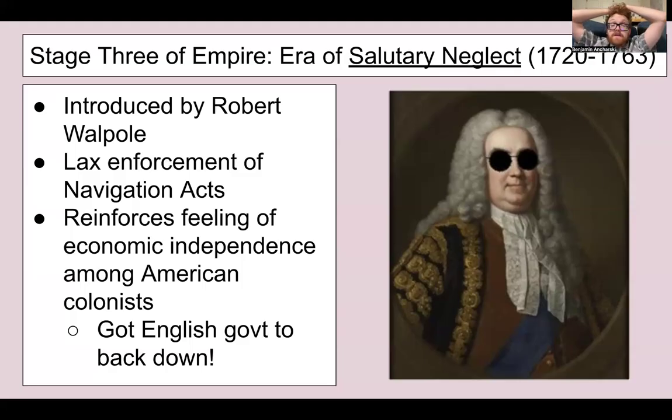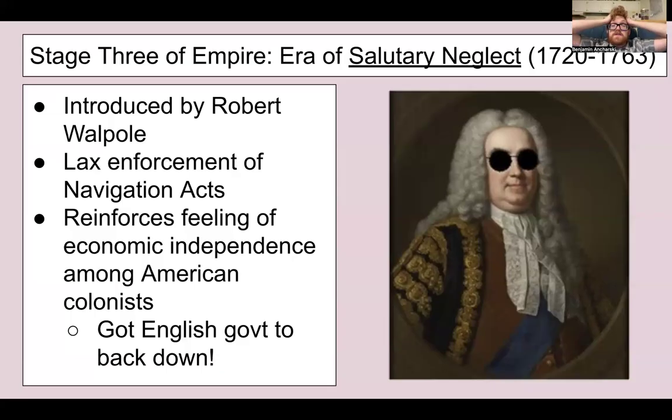We are still going to have the Navigation Acts on the books. They are the official law of the land regarding the colonies in England. That being said, we are not going to enforce them strictly. That's what costs money. That's what makes it difficult to sustain your overseas empires, the cost of administration. So Robert Walpole is going to actually ease these restrictions. That's the big deal with salutary neglect.